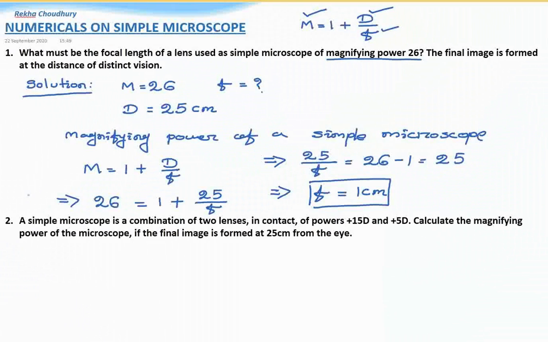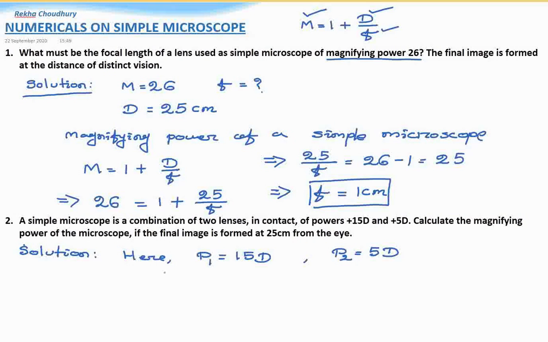So here two lenses, both are convex lenses, are combined together. So here power of one lens is equal to 15 diopter and power of another lens is equal to 5 diopter.